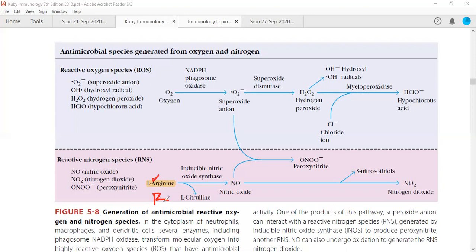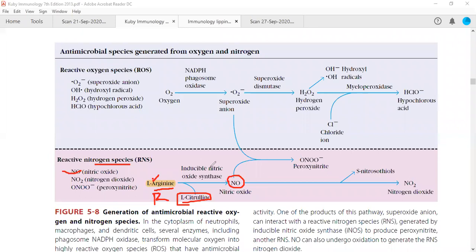So R is the arginine amino acid, which will be converted into L-citrulline, and when this L-citrulline is synthesized, nitric oxide will be released. This nitric oxide is a kind of reactive nitrogen species which can react with the plasma membrane or other lipids present in the membrane.